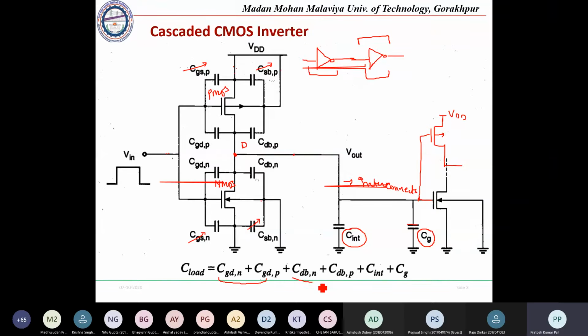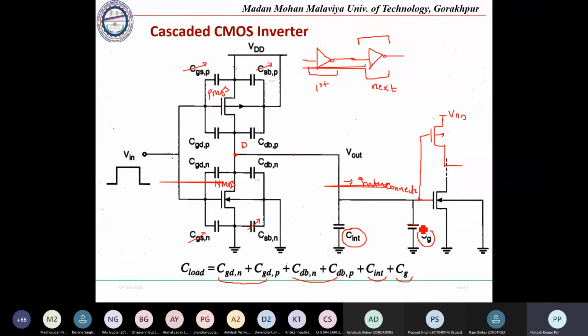Along with that, there will be one interconnect capacitance, and one capacitance because of the next stage. That next stage could be another inverter, or any number of transistors connected to the next stage of the first stage.